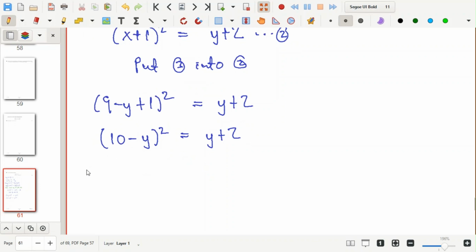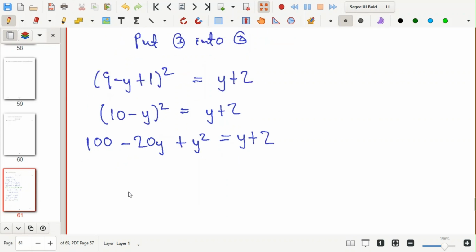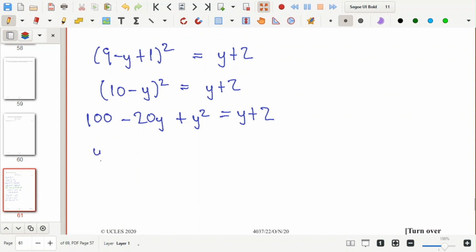Now if I expand this, I'm going to get a quadratic. I'll get 100 minus 20y plus y squared. And this should give me y squared minus 21y plus 98 is equal to 0.